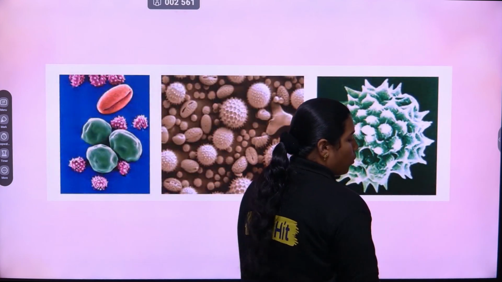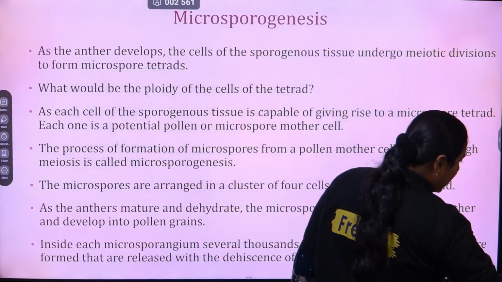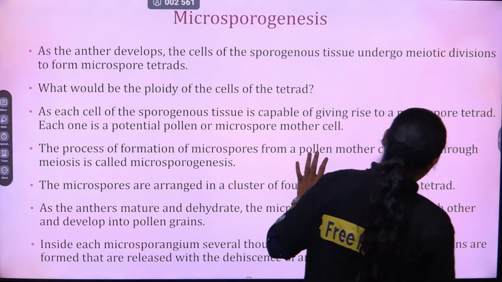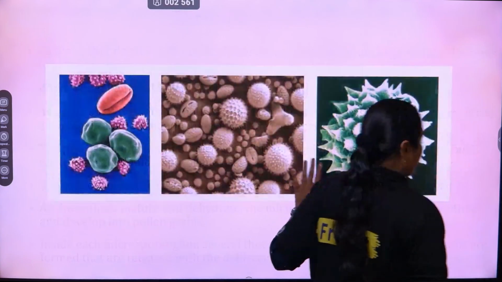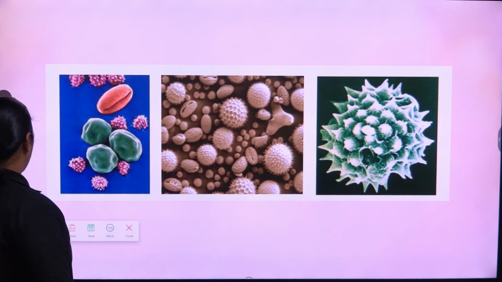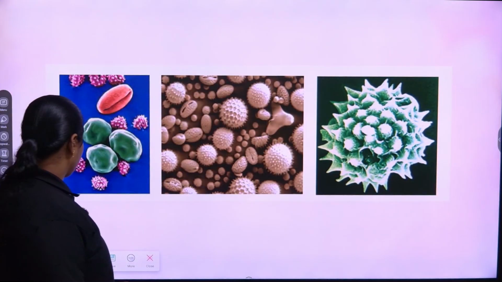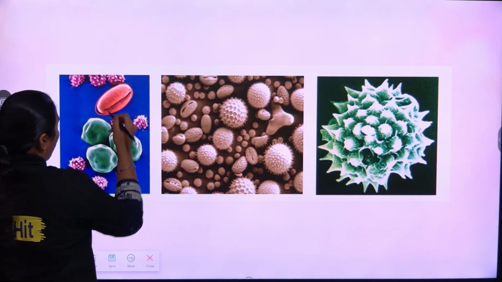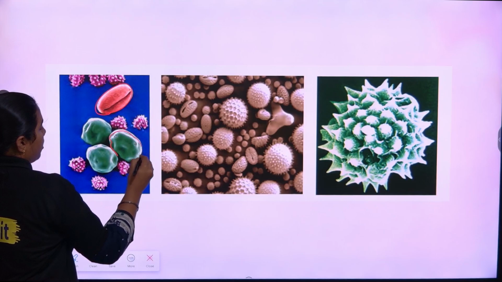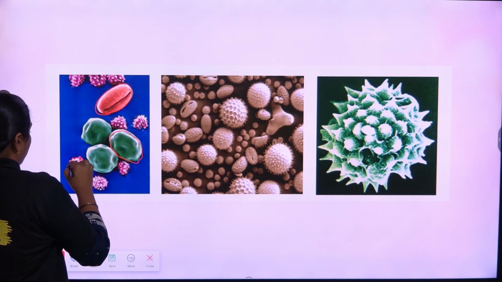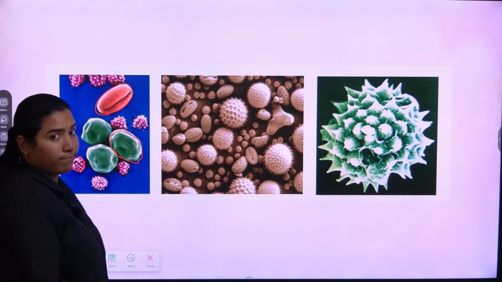Okay. Now, can you guess what these are? These beautiful little things that I'm showing here on screen. Can you see? What are these? Maybe the picture is not so clear, but I'm taking it from your textbook. Just look at this. The shape is kind of oval. Look at this, kind of globular. How does it look? Corona? Does it look like coronavirus?